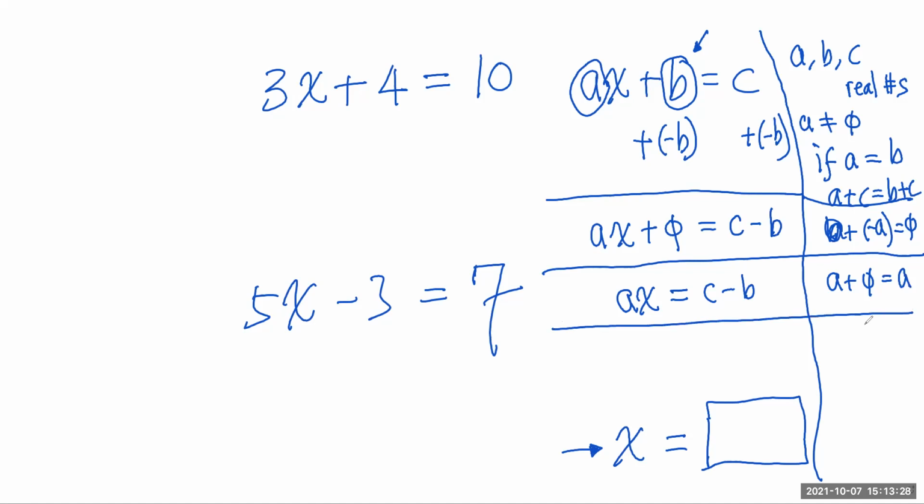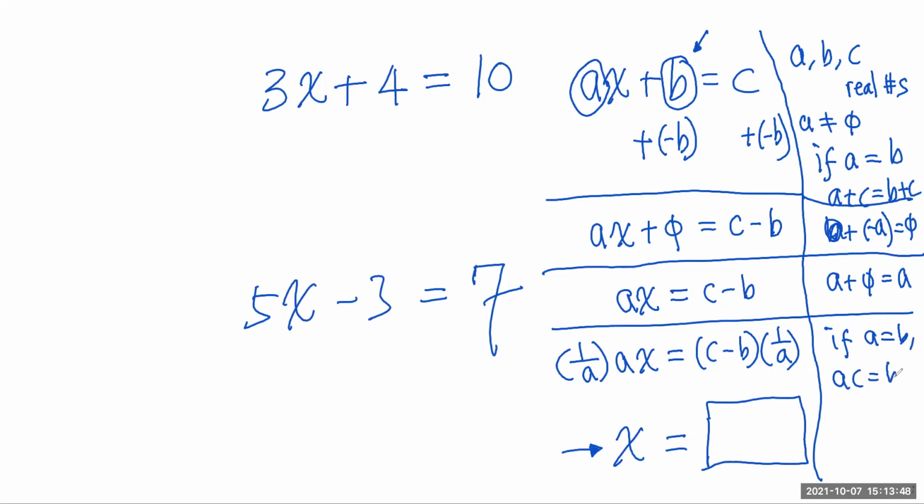And once we have that, we know we can multiply 1 over a on both sides of the equation. 1 over a. And there we are using: if a is equal to b, then a times c equals b times c. So far, we have followed all of the rules.